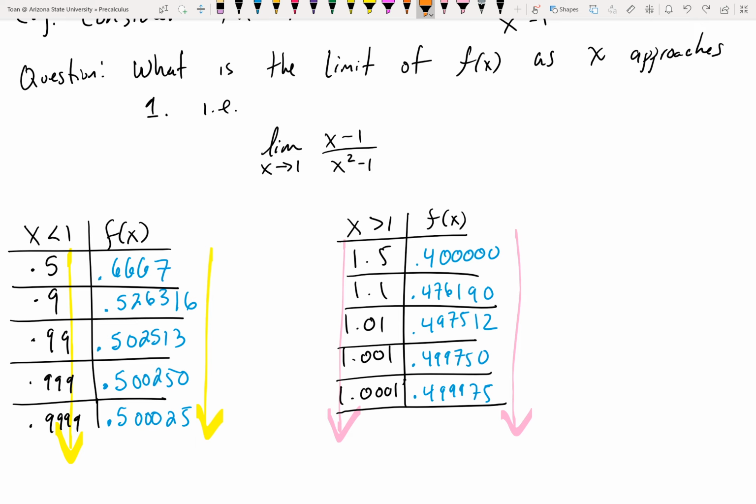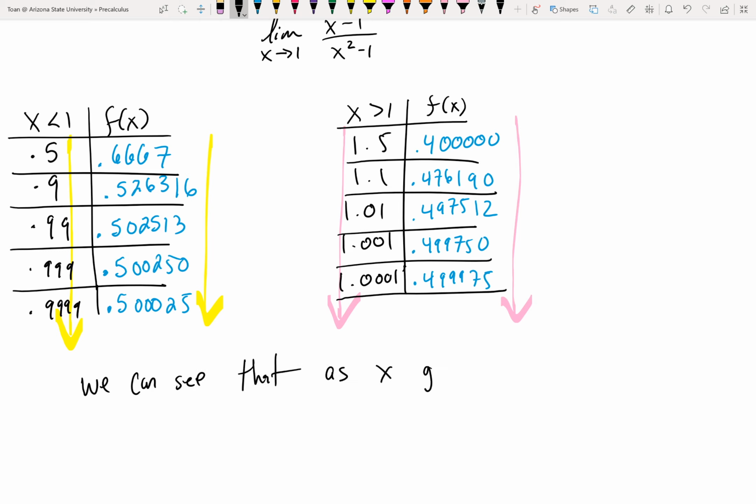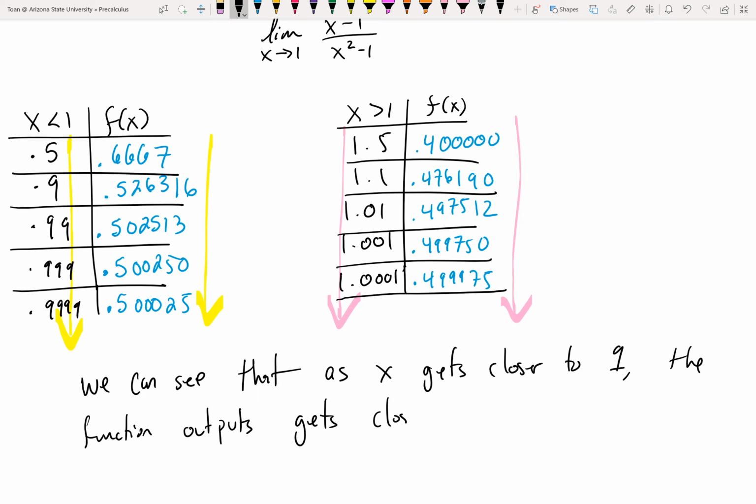Well, on the basis of this chart here, I hope it's not a hard thing to see. We can see that as x gets closer to 1, the function outputs get closer to 0.5, 1/2.